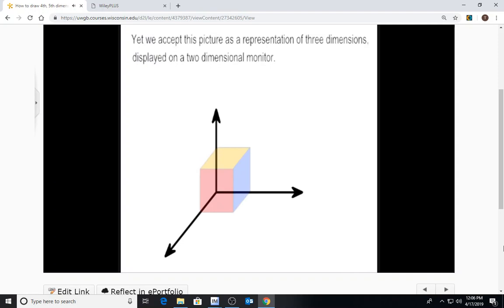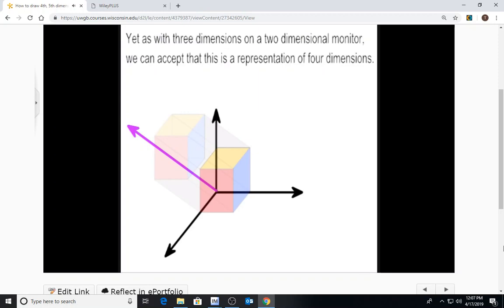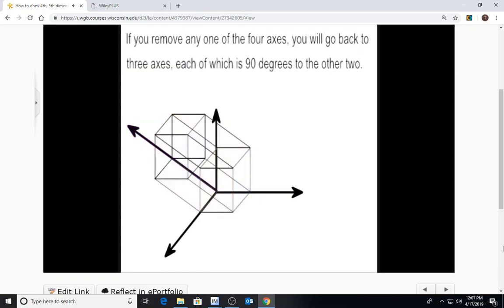Yet we accept this picture as a representation of 3 dimensions displayed on a 2-dimensional monitor. In 3 dimensions, it is not possible to have 4 axes, each of which is 90 degrees to the other 3. Yet as with 3 dimensions on a 2-dimensional monitor, we can accept that this is a representation of 4 dimensions. If you remove any one of the 4 axes, you will go back to 3 axes, each of which is 90 degrees to the other 2.